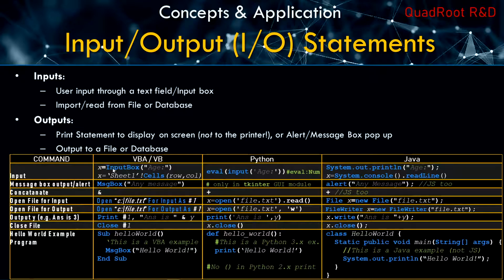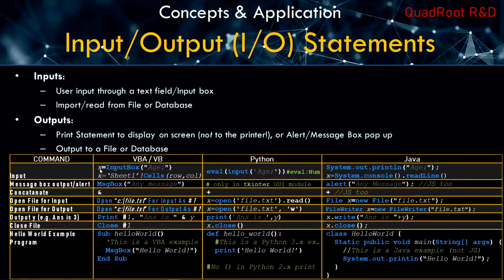Now in VBA, there's something called the input box, which basically pops up a dialog box where you can input your inputs, or you can interact with the Excel sheet that VBA is embedded in. So if you're using the input box, then you can store that input into a variable.